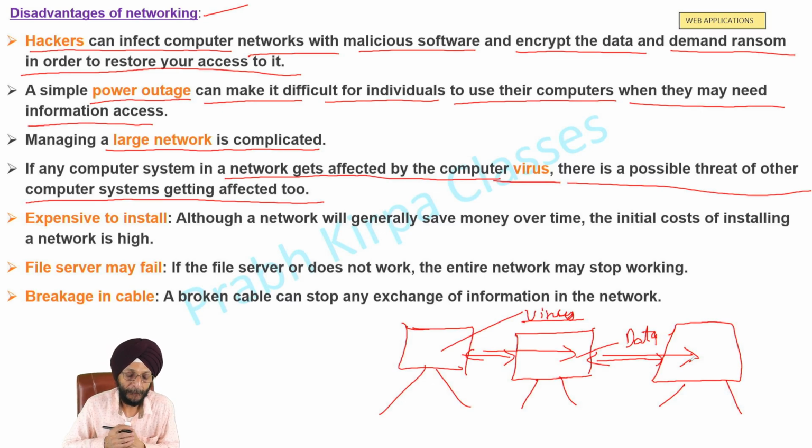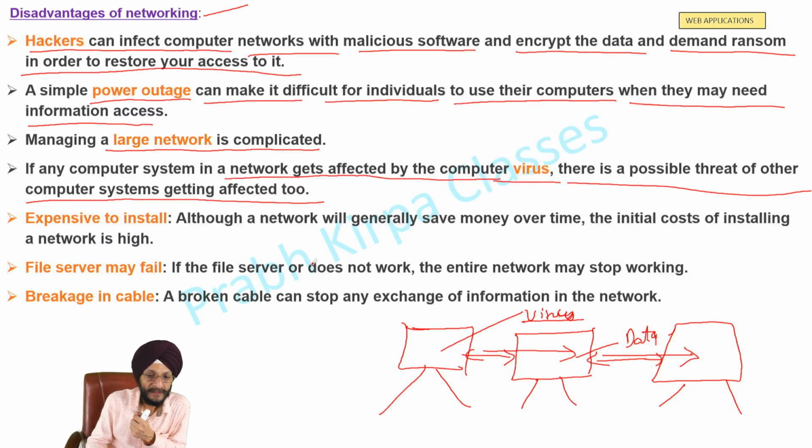So all the computers on the network may be hit by the same virus, and so there will be a possible threat of other computer systems getting affected too. So all the data which is saved in these computers will get destroyed.